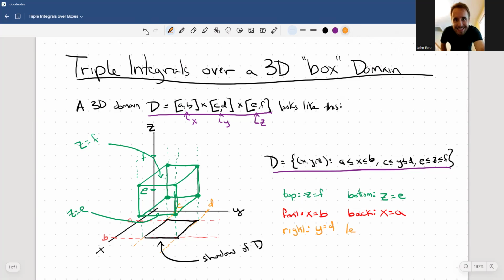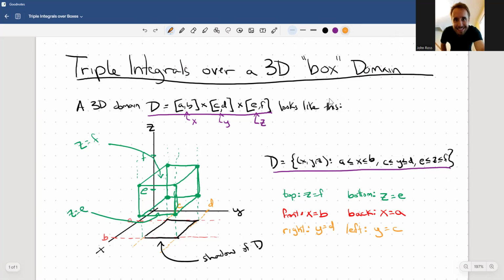And then the left is going to be the y equals c plane. And that's going to be this plane right. Oof. Man, I was doing so well up until that point. That's going to be that plane over there, the left-hand side. Okay, and this is the 3D box, sort of sectioned off by these 6 different planes that we've identified.